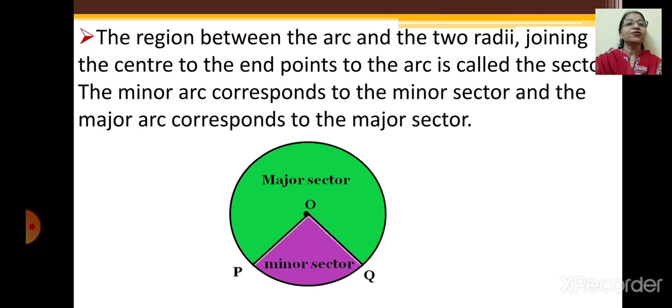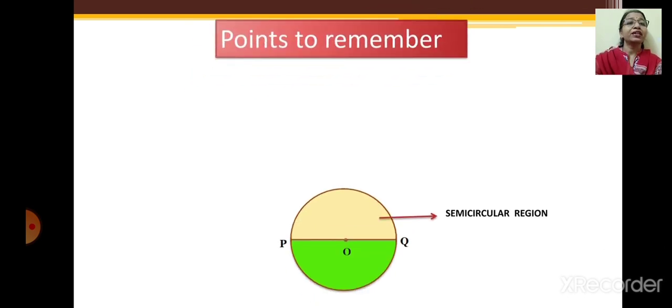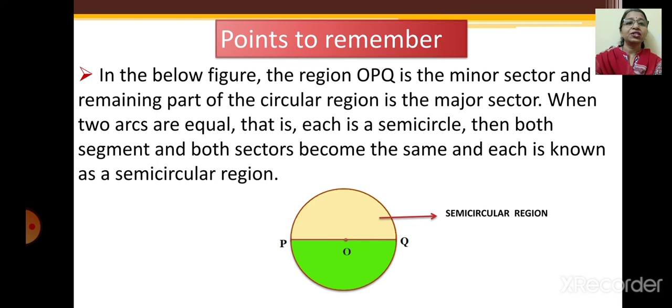Now if I shift this point P and Q in such a way that P, O and Q are along the straight line, what will happen? In that case, the circle will be divided into two equal regions and each region is called semicircular region, right?